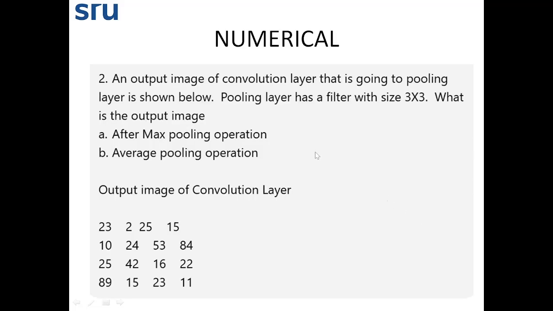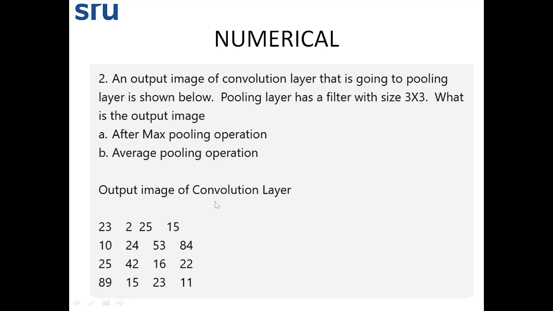Let us see the numerical here. An output image of one convolutional layer that is going to a pooling layer is shown below. The pooling layer has a filter with size 3 cross 3. What is the output image after the maximum pooling operation and the average pooling operation?